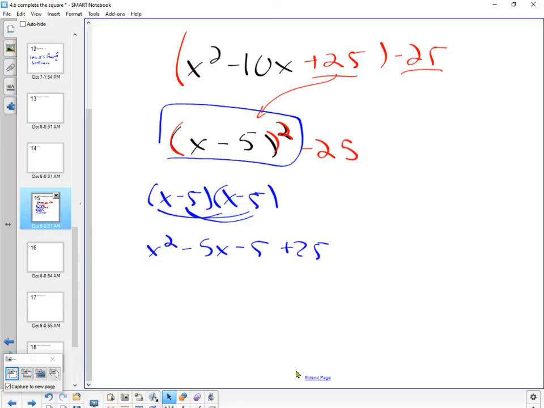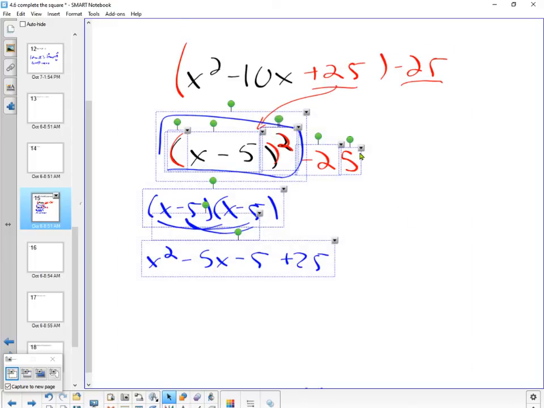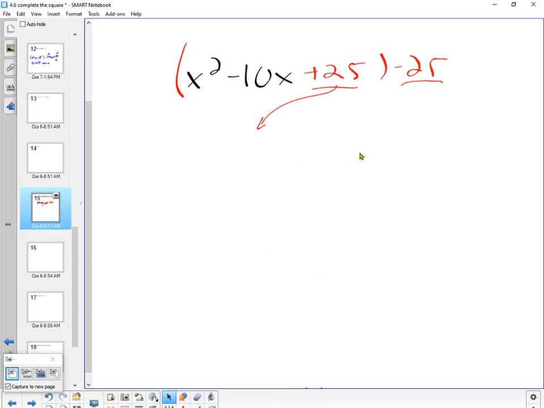Wait, so then would it equal negative 25? It could equal positive 25, but if you move it over, it becomes a negative 25. Let me repeat this real quick.